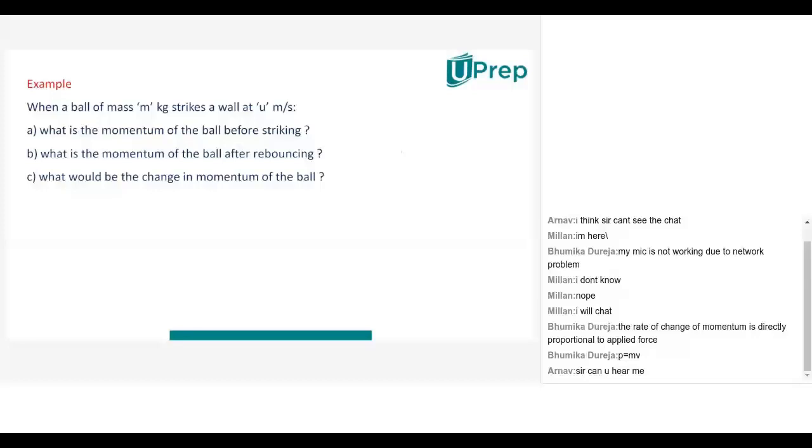Milan, can you answer? Milan, see your slide. When a ball of mass m kg strikes a wall at u meter per second, what is the momentum of the ball before striking?